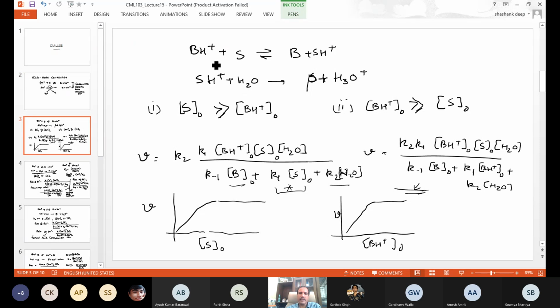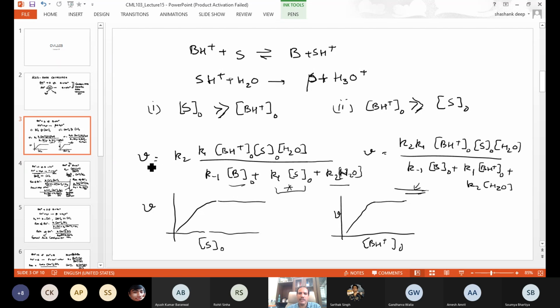So let's start with W. When W is water, BH+ plus S gives you B plus SH+, then SH+ plus water gives you product plus H3O+. Suppose this is K1, this is K minus 1, this is K2.